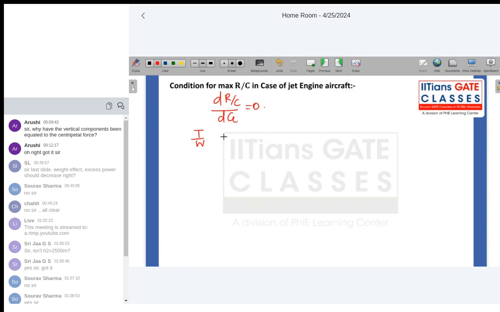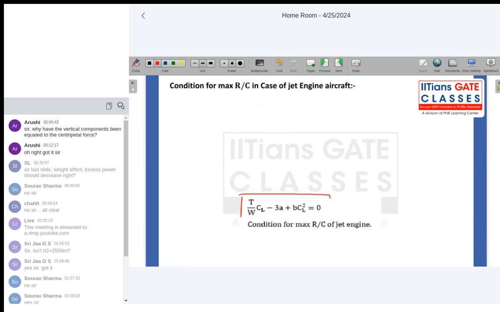Okay. So the condition will become thrust by weight into CL minus 3A plus BCL square equal to 0. Here A is, in some textbook they give it as A, but in most it is rewritten as CD naught, that is parasite drag coefficient.